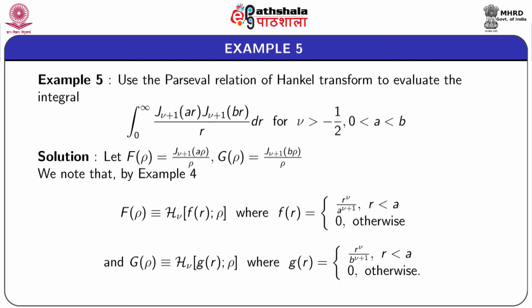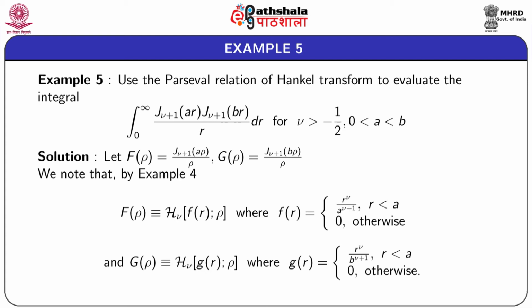Next we come to example 5. Here we use the Parseval relation of the Hankel transform to evaluate the integral from 0 to infinity J nu plus 1 ar J nu plus 1 br by r dr for nu greater than minus half and 0 less than a less than b.